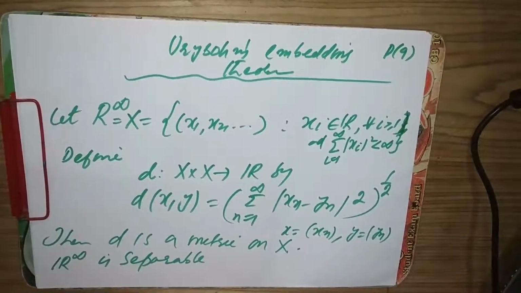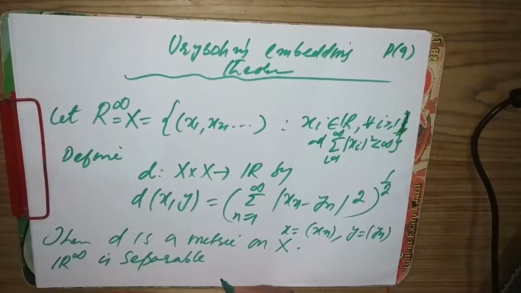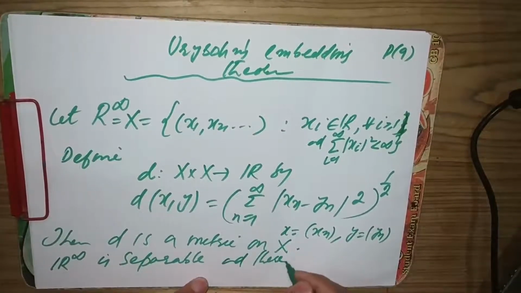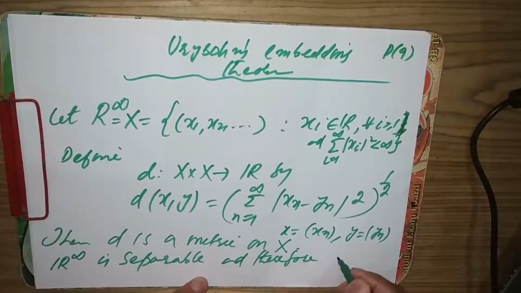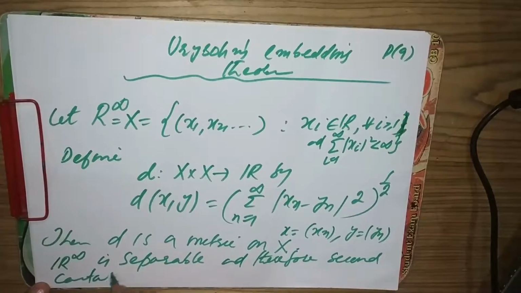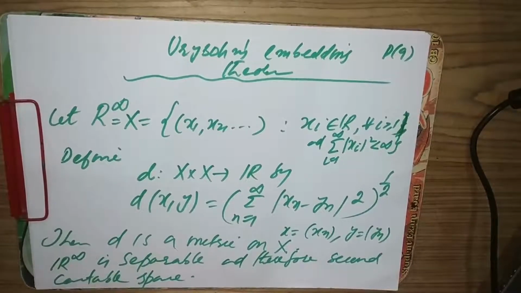R infinity is separable, and every separable metric space is a second countable space.